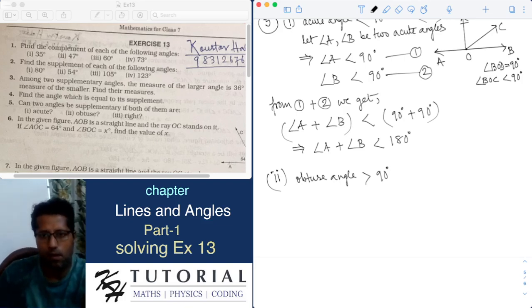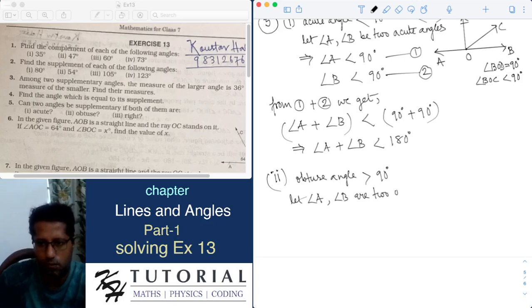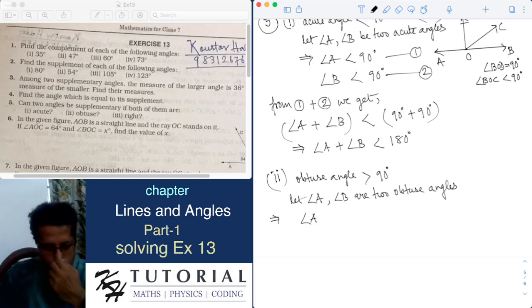So if we consider angle A and angle B are two obtuse angles, this implies that angle A will be greater than 90 degree, and also angle B will be greater than 90 degree.